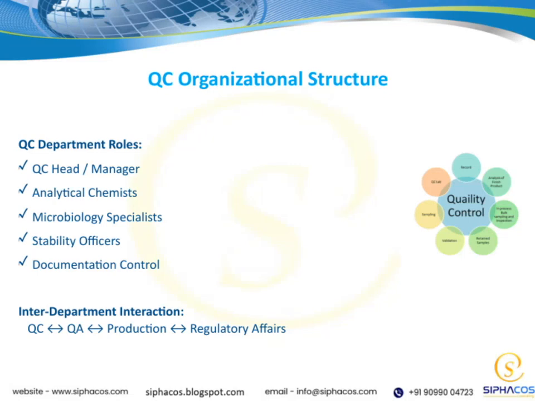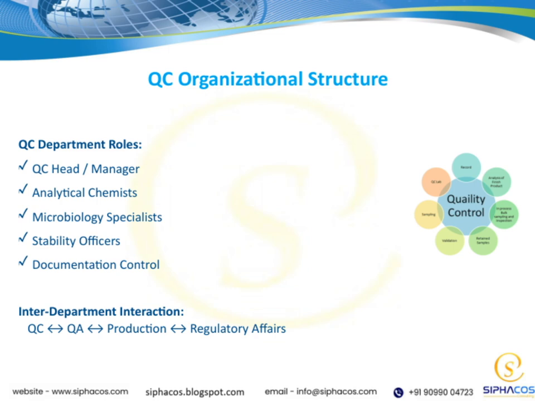Let's take a closer look at the QC organizational structure. At the top, we have the QC department roles, which are essential for maintaining quality standards. The department is led by the QC head or manager, who oversees all activities and ensures that everything runs smoothly. Supporting them are the analytical chemists, who perform detailed testing and analysis of raw materials and finished products.